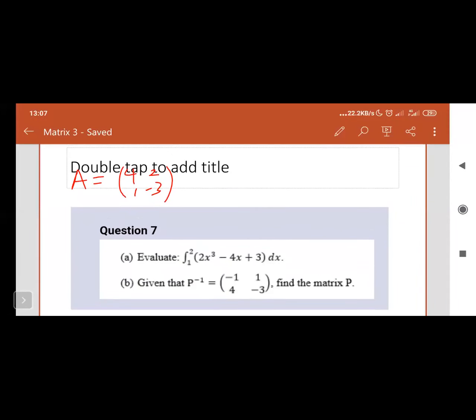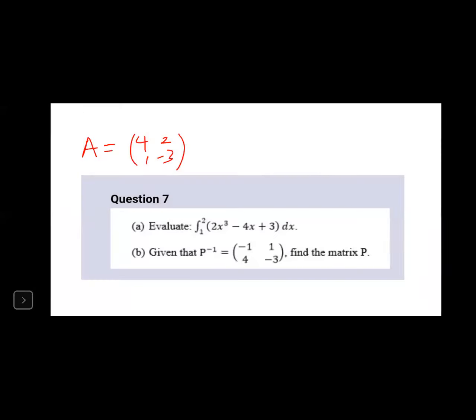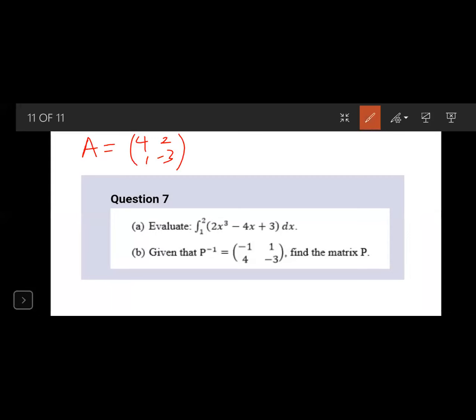The first thing is to find the determinant. So what's the determinant of A? The determinant is 4 times minus 3 minus 2 times 1, which is minus 12 minus 2. That will give us minus 14.